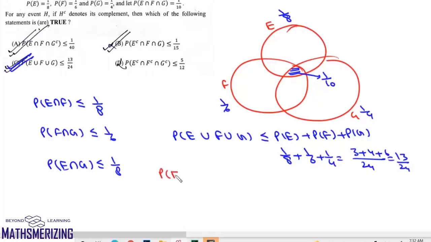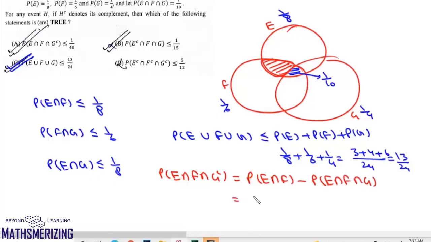Now if we look at probability of E intersection F intersection G complement, it is actually this probability. This probability is equal to probability of E intersection F minus probability of E intersection F intersection G. Now this is probability of E intersection F minus, and this probability is 1 by 10.